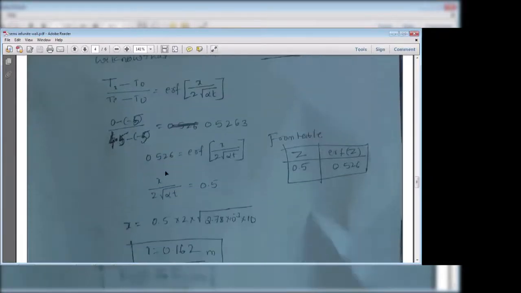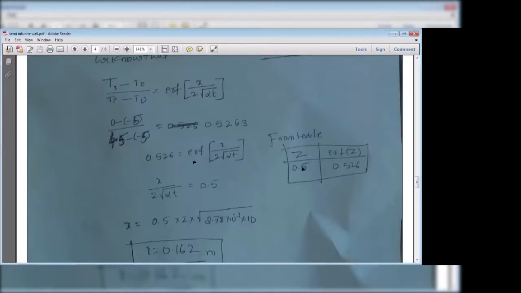So 0.526 is equal to erf of x divided by 2 root alpha T. Suppose erf Z, where Z is x divided by 2 root alpha T. This is called the Z value. erf Z is equal to 0.526.